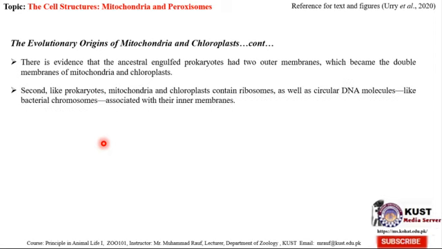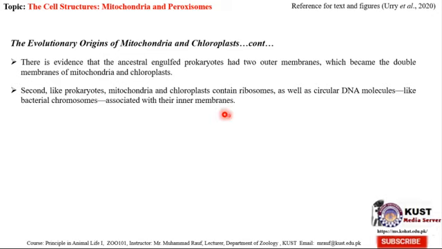Now, what is the second evidence? The second evidence that mitochondria and chloroplasts were once upon a time free living prokaryotes is that they have their own genetic material, and the genetic material of bacteria, which is a prokaryote, is a single circular chromosome.